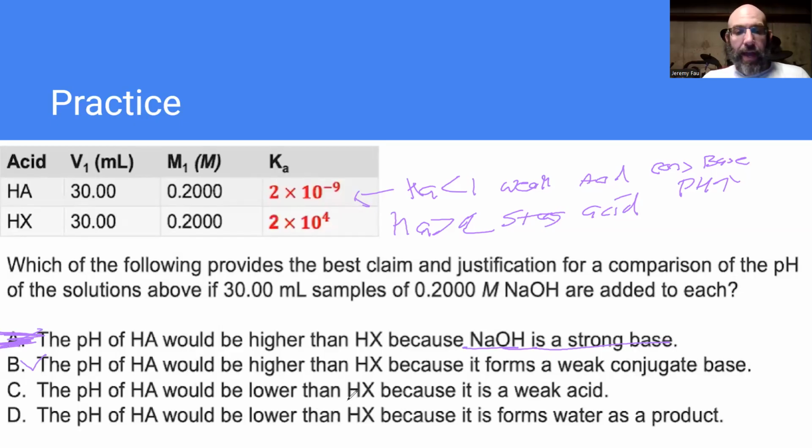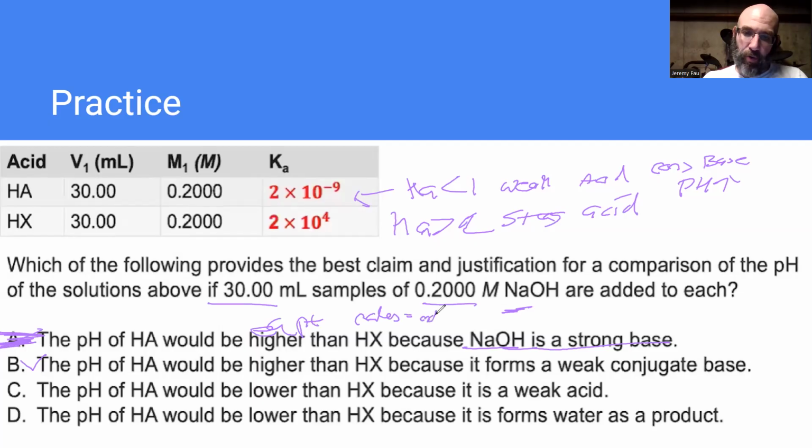So again, HA is a weak acid, but because HX is a strong acid, its conjugate base does nothing, and the conjugate of the strong base also does nothing. So when you add equal amounts, molarity and volume, we are at the equivalence point.